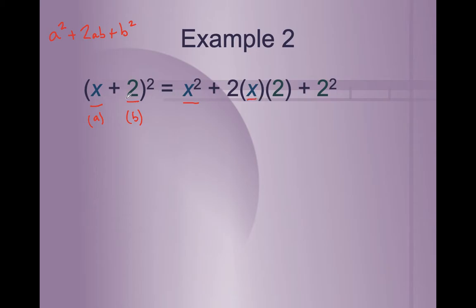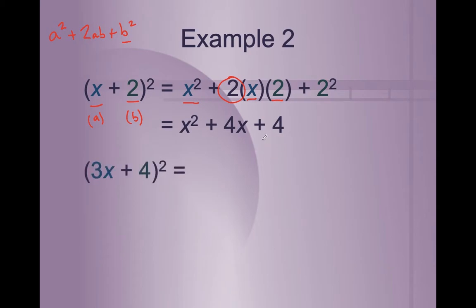A is x. b is positive 2, so a times b times 2, plus b squared. Your b value is a positive 2, so we're going to square that, 2 squared. And then simplify it, your final answer is x squared plus 2 times 2 is 4, 4x plus 4. This is your final trinomial, x squared plus 4x plus 4.